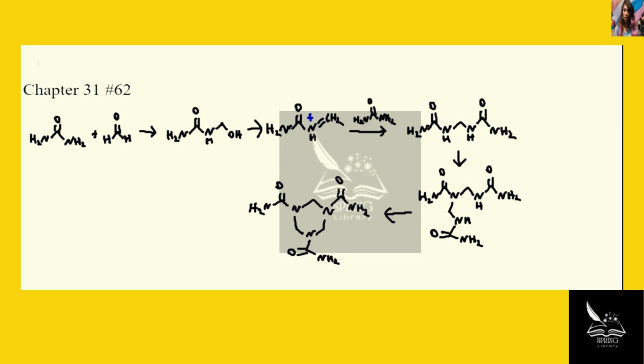From here, formaldehydes can link any two nitrogens, so we can rapidly create a pretty sophisticated molecule. We can rapidly get interlinking and complexity of all kinds going on here.